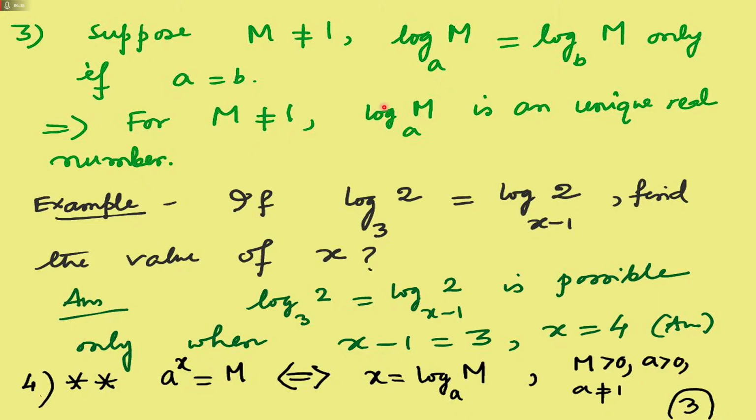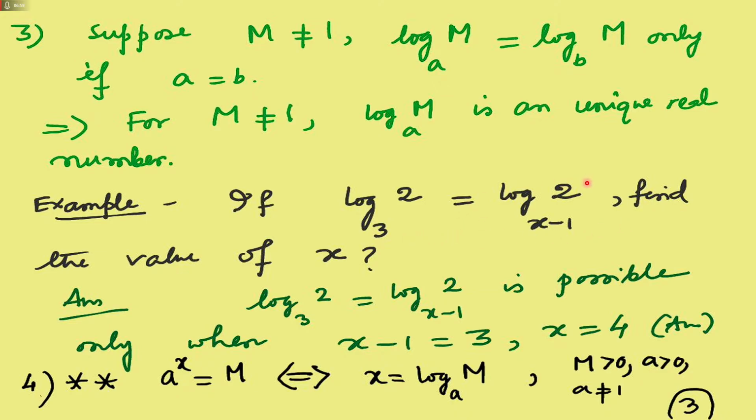Now as an example, if you take log 2 base 3 is equal to log 2 base x minus 1, that means log of 2 can never be equal to the log of a number whose base is different from its previous one.